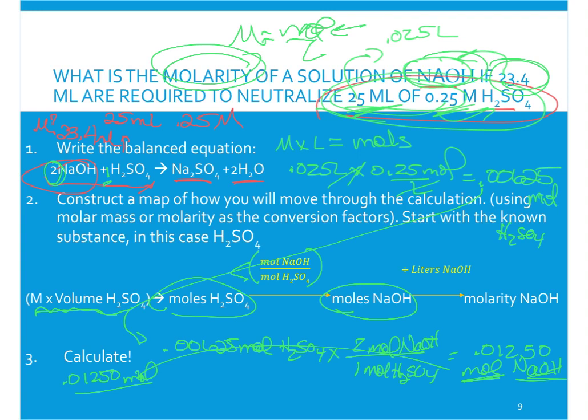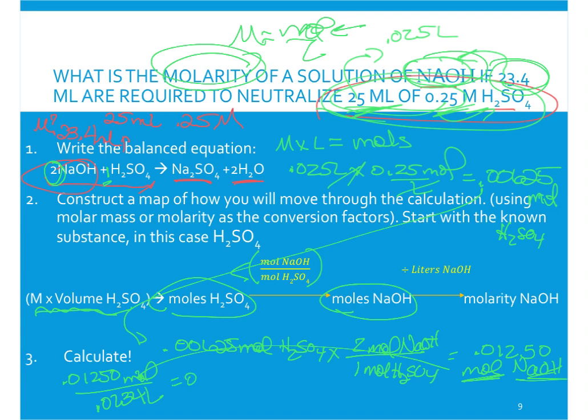23.4. So I need to convert that to liters, so I'm going to divide the moles by 0.0234 liters. And I'm going to go ahead and see what that gives me. 0.0125 divided by 0.0234.